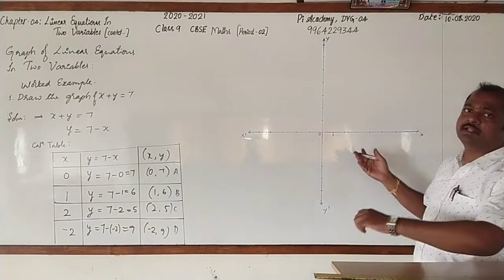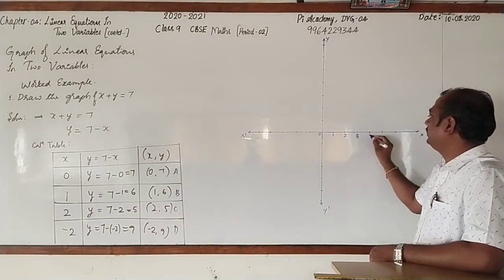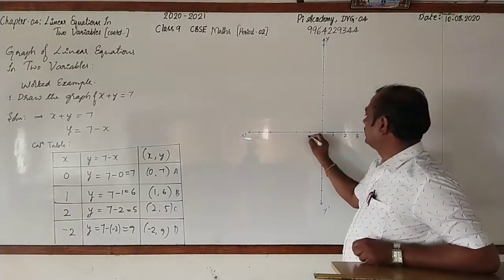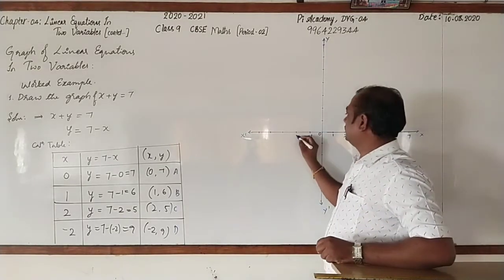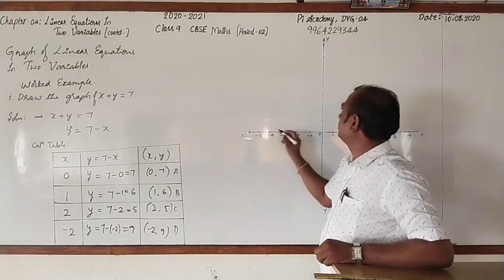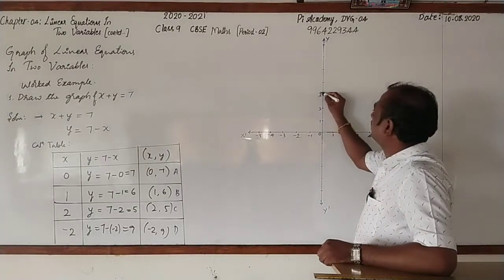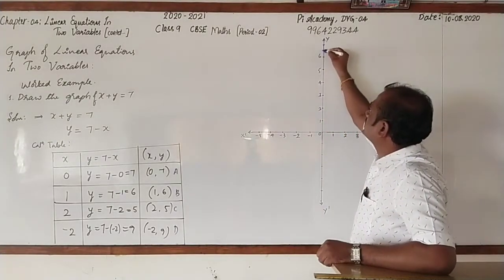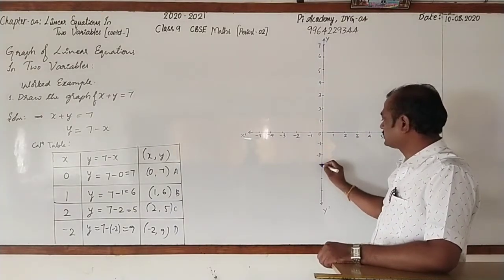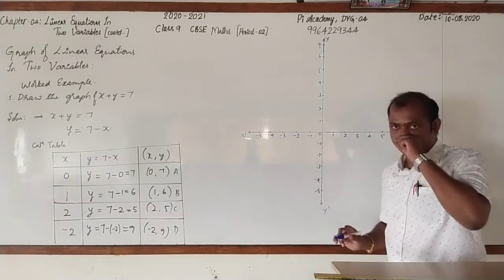They are axes, nothing but number lines. They are 1, 2, 3, 4, 5, 6, 7. On the left hand side, they are negative. -1, -2, -3, -4, -5. Above 0 are positive. 1, 2, 3, 4, 5, 6, 7. Below 0 are negative. -1, -2, -3, -4 and -5.